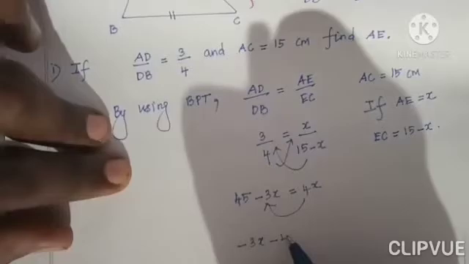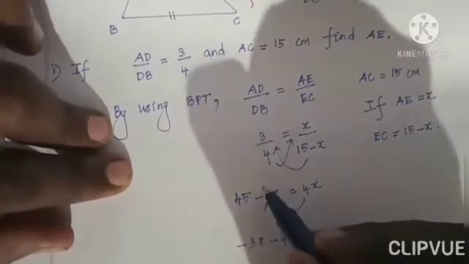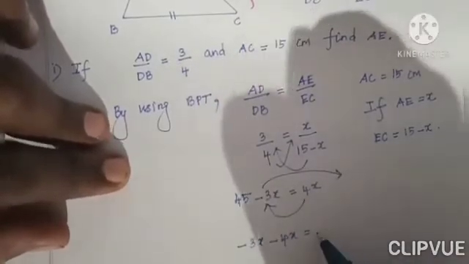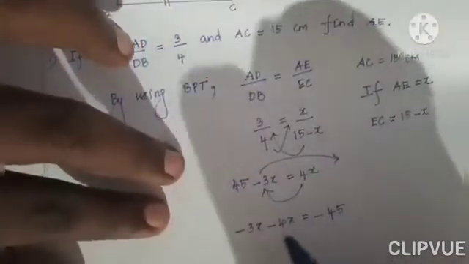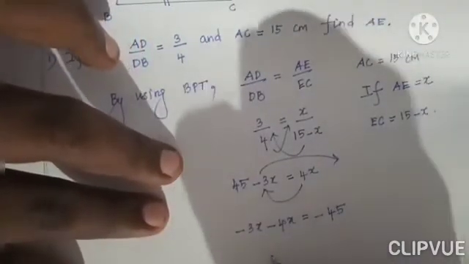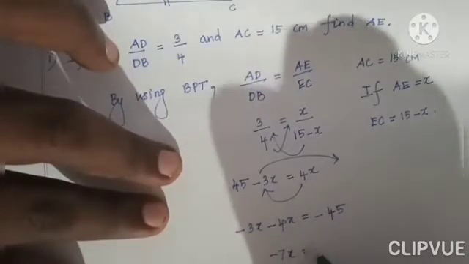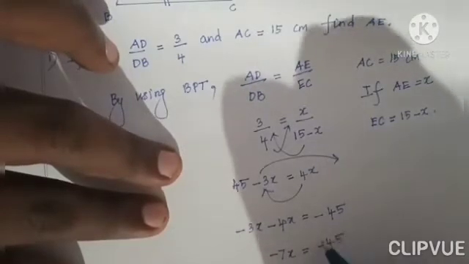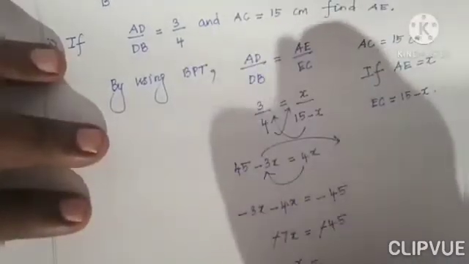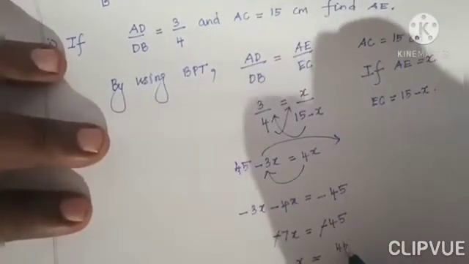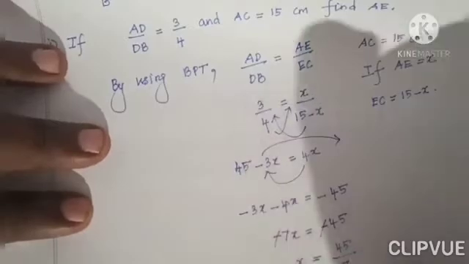Minus 3X minus 4X is equal to, on the right hand side, minus 45. So minus 3X minus 4X gives minus 7X is equal to minus 45. The minus will be cancelled, so the value of X is equal to 45 divided by 7.